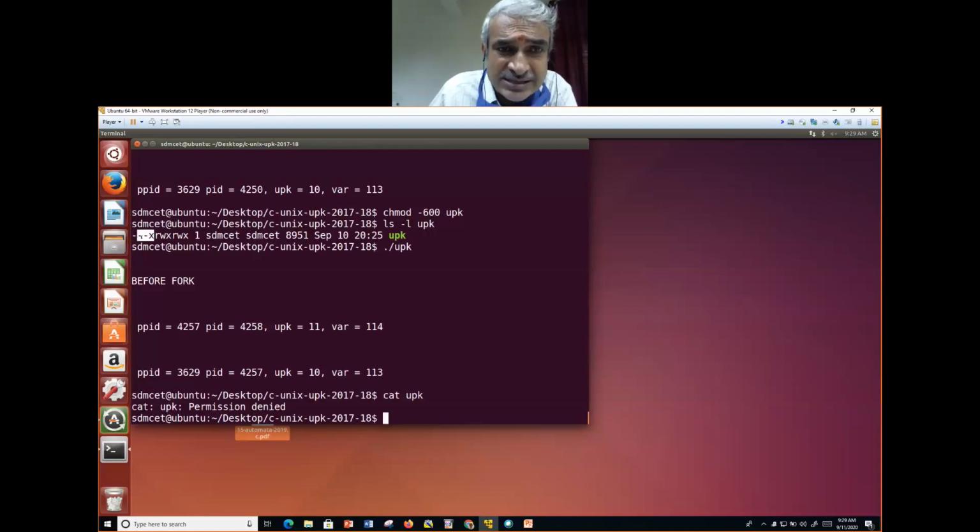First one is read, second one is write, third one is execute. I've changed my own access permission. Read, write, I removed it. So when the cat command is used to display the content of the file, you cannot display it. So permission is denied. Similarly, if you want to write into that one, it says no, you don't have permission to write into that.